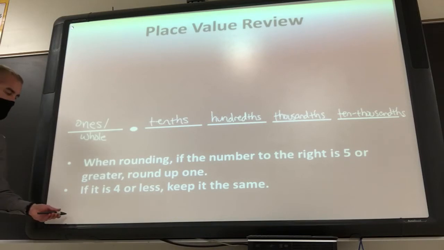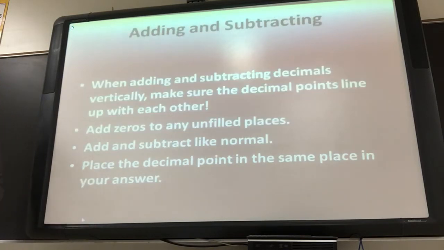With adding and subtracting, most of the time, whatever they give us is just the numbers that are going to be there. So when adding and subtracting decimals, really it's not going to be much different from normal adding or subtracting. The biggest thing is to make sure the decimal points line up with each other. So the numbers in the hundredths spot should line up with each other. The number in the tenths spot, the decimal point should line up.